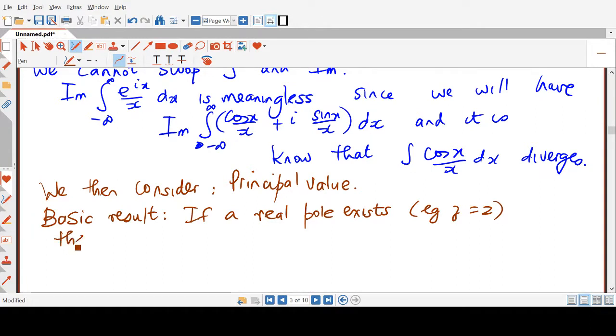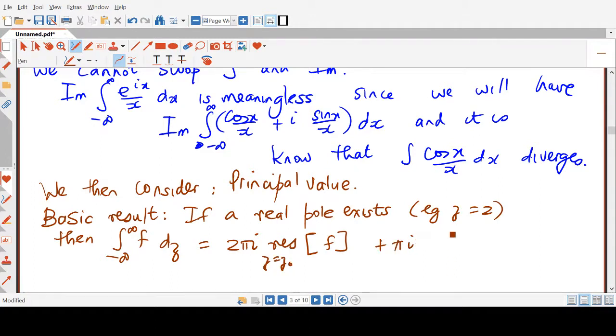Then the integral from minus infinity to plus infinity of f dz is 2 pi i times the residue of f at z equals z naught, plus 1 pi i times the residue of f at z equals za, where za is real.